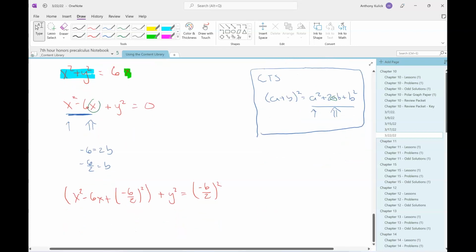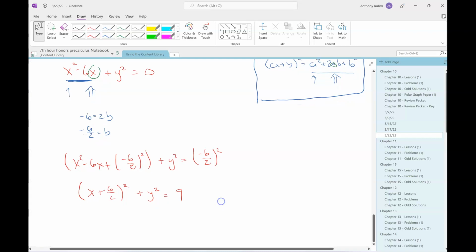So now, x squared minus 6x plus (negative 6 over 2) squared, I know how that factors. Since it's a perfect square, I know exactly how it factors.